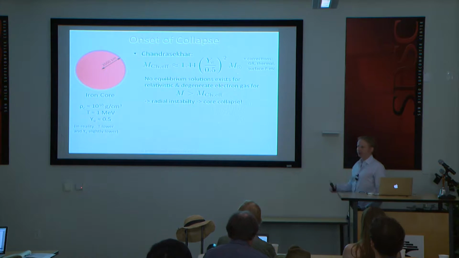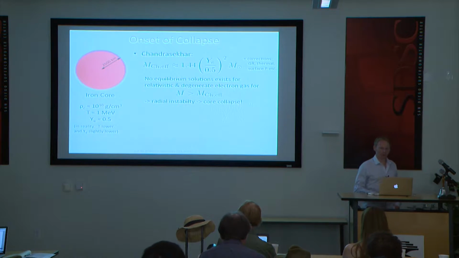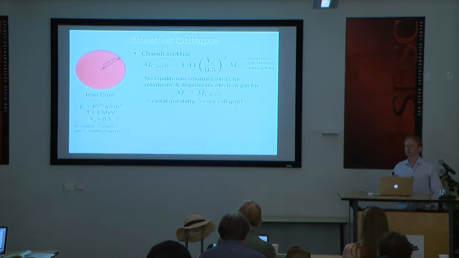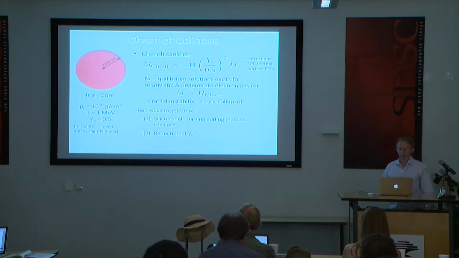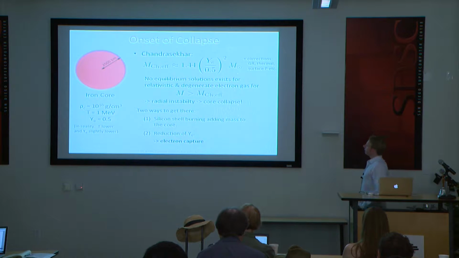You can show, actually, this is a nice perturbation theory problem, that once this mass is reached, you go unstable. There's nothing to stop core collapse. And in an iron core, there's two ways to get there. One way is by just adding mass to the core, and the other way is by reducing YE. I'm sure Tony talked about that, and that goes through electron capture, so I won't go into more detail.